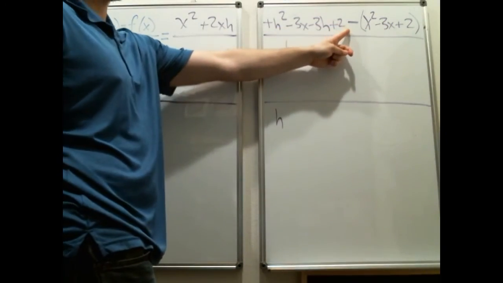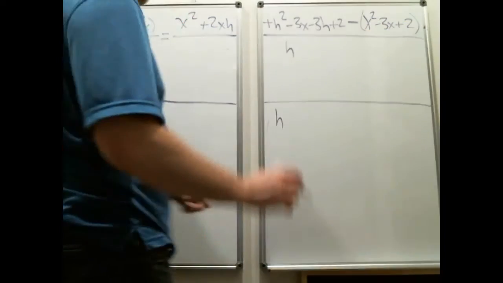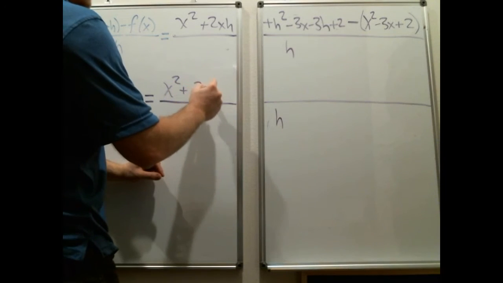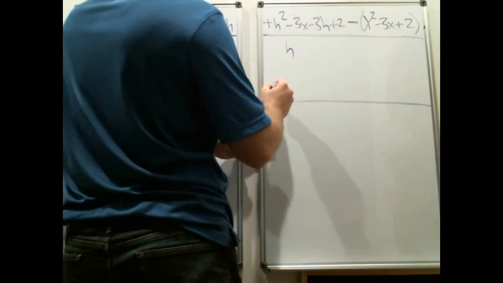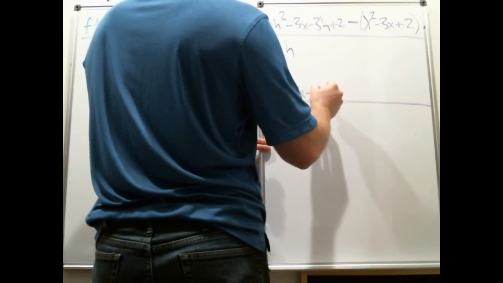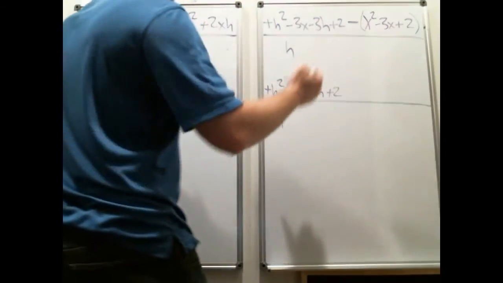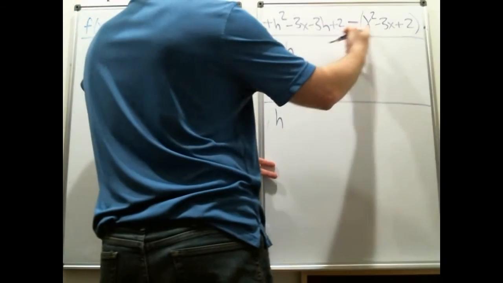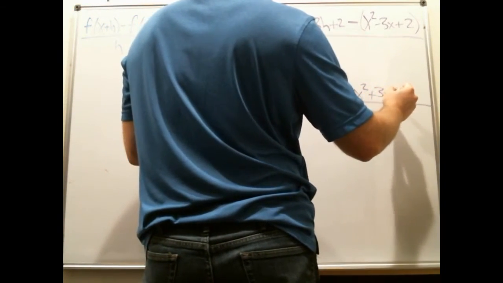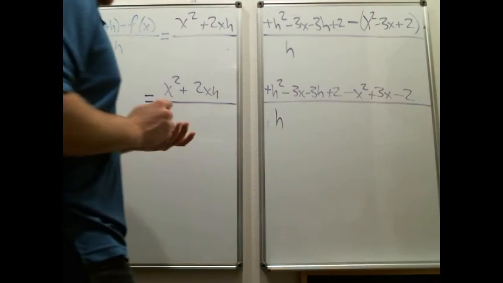It's just going to take this negative, and now it's going to be there. Alright, so distribute this negative, so now I get minus x squared plus 3x minus 2.